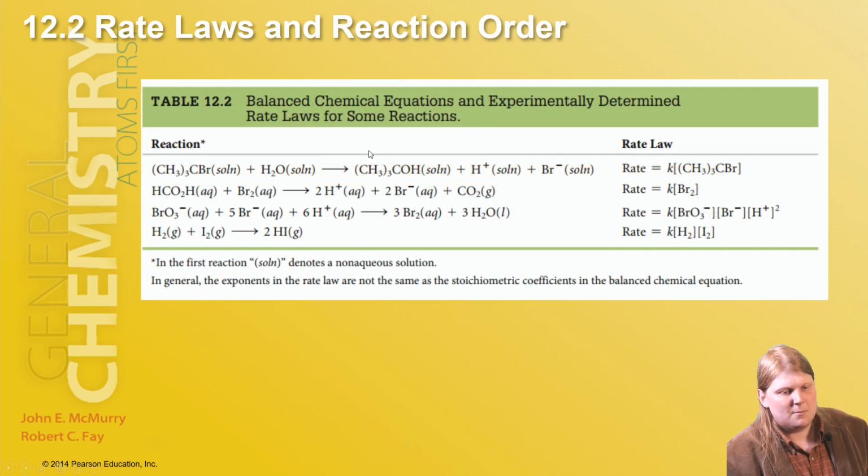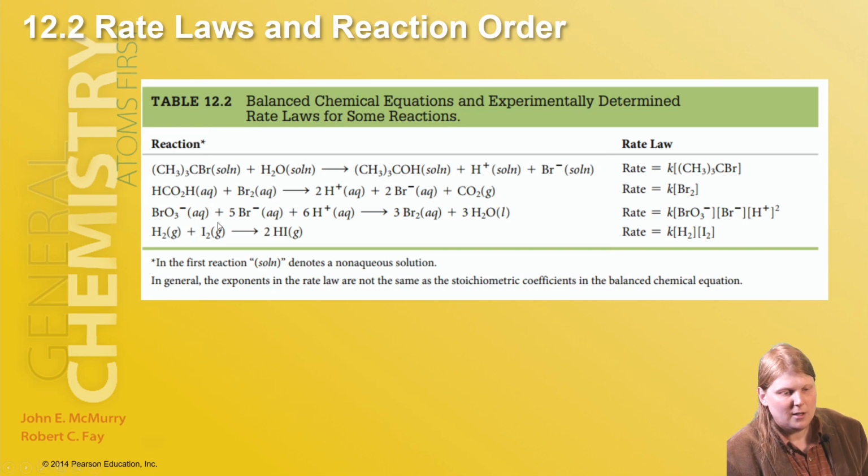Here they give me some examples of reactions and their rate laws, and you can see that sometimes the dependency on something doesn't matter. Sometimes there is a reason for that, but sometimes it's not clear what the reason is. Sometimes you do see a correlation, where something with a higher stoichiometric value might also have a higher exponent.